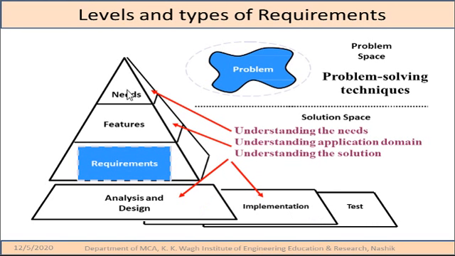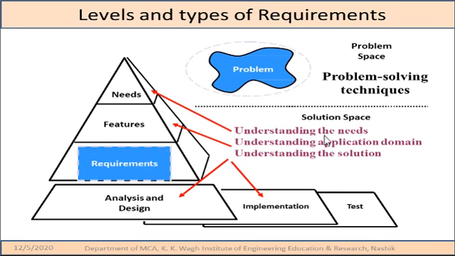The base of all the needs, features, or requirements is that we give it concentration and focus. For a better understanding of the problem-solving technique, we can identify the particular problem and the solution for it.